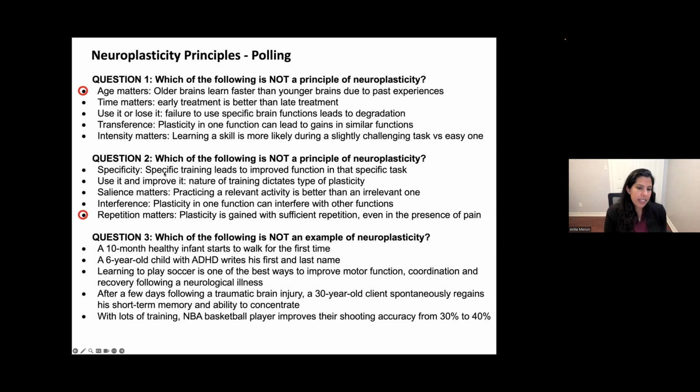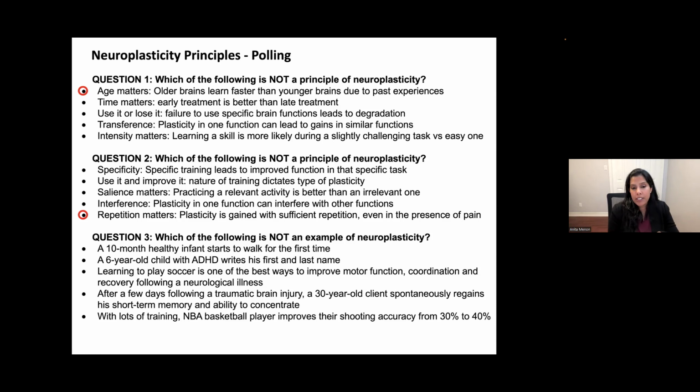I'm just going to go through them first. Specificity: specific training leads to improved function in that specific task. That's really what specificity is about. You want to use more occupation-based training, so that you train clients on those specific tasks and they improve function on that task.